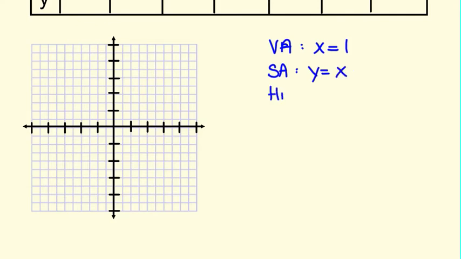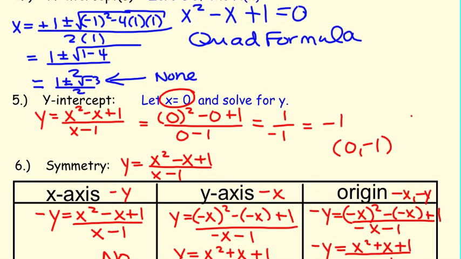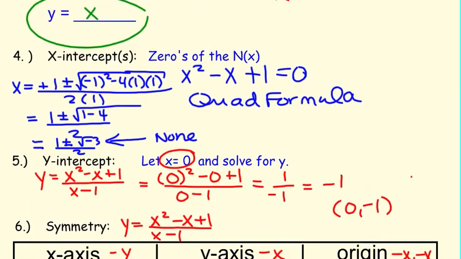That means you have no horizontal asymptote. That's none. X-intercepts, we had none. The y-intercept was at 0, negative 1.